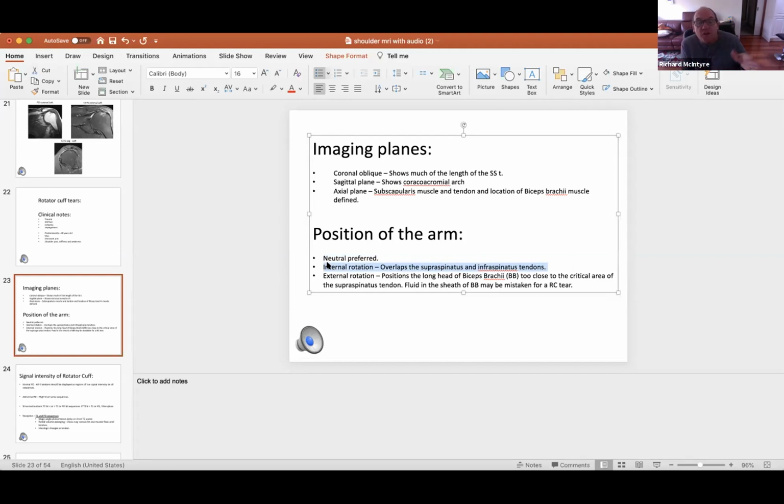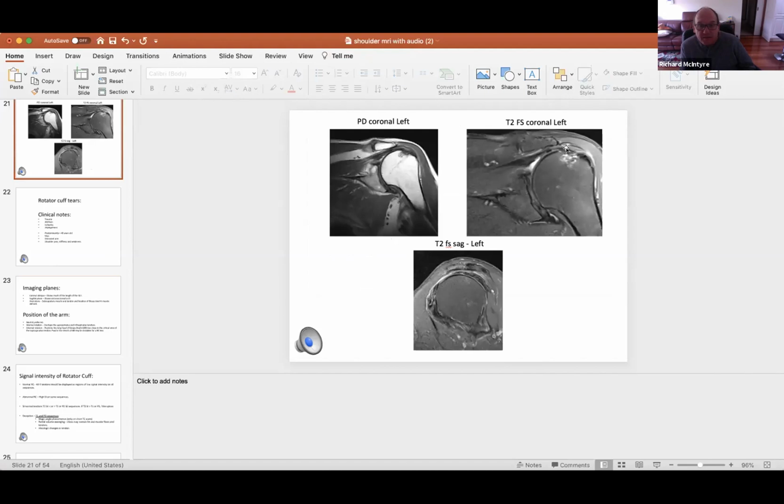When they externally rotate their arm, the position of the long head of the biceps brachii becomes too close to the critical area of the supraspinatus tendon. Okay, so with any lesion there, the doctors aren't sure whether it's the supraspinatus tendon or the biceps brachii muscle. Okay, so it's important to distinguish that when you're imaging.